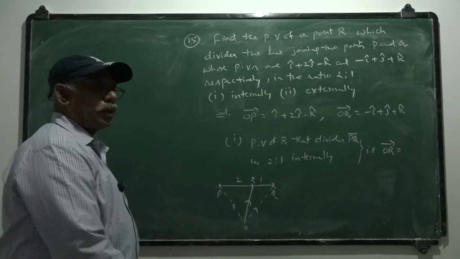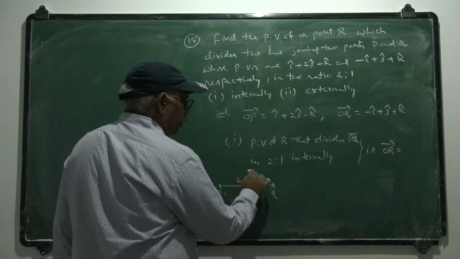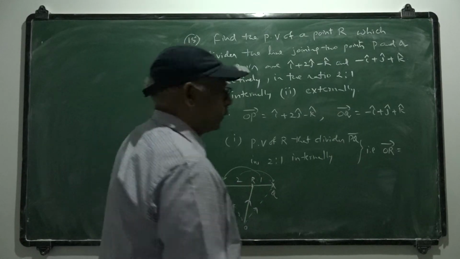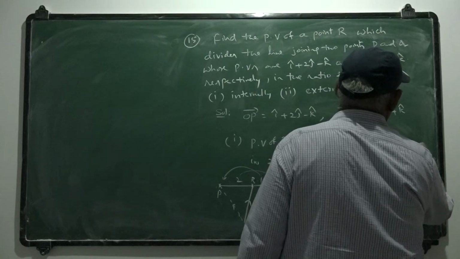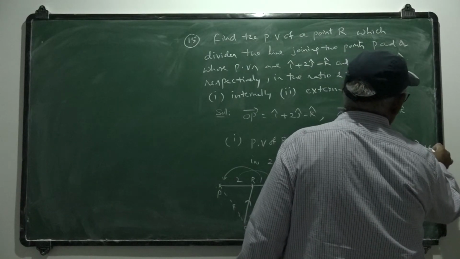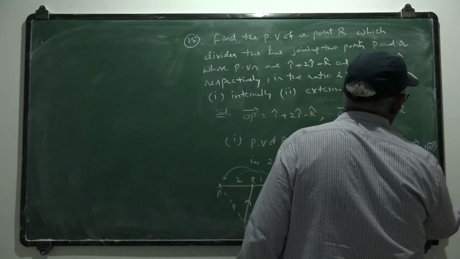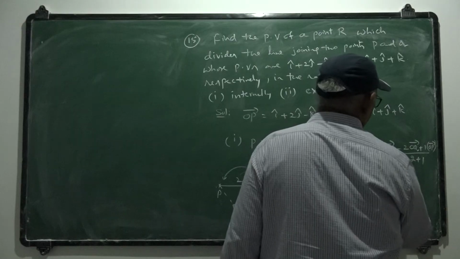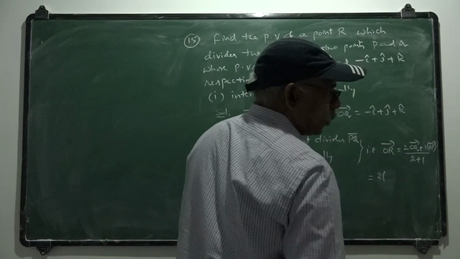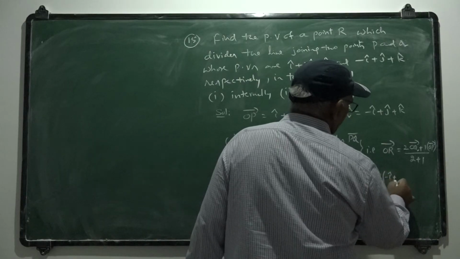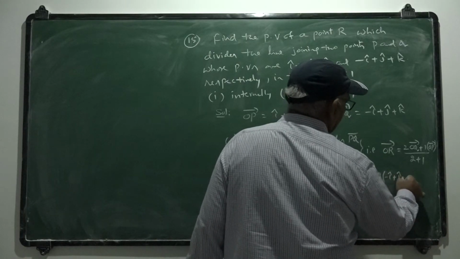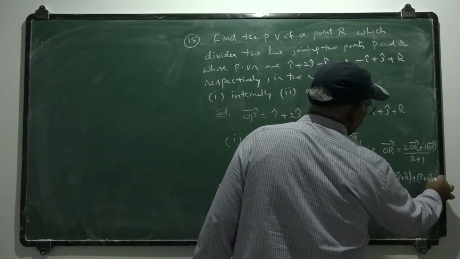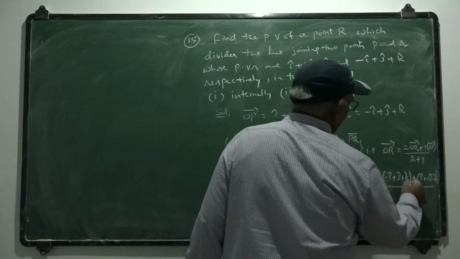OR bar is 2 into the position vector of Q plus 1 into the position vector of P, by 2 plus 1. That is 2 into OQ bar plus 1 into OP bar by 3, by the section formula. OQ bar is minus i plus j plus k, and OP bar is i plus 2j minus k, by 3 itself.